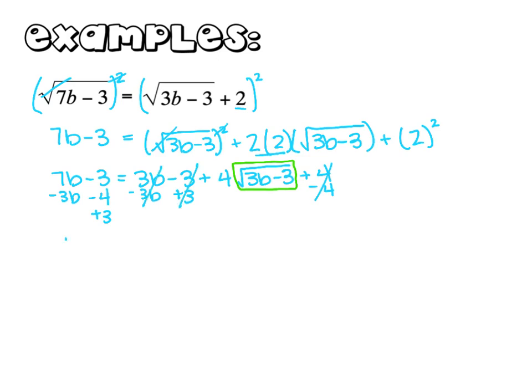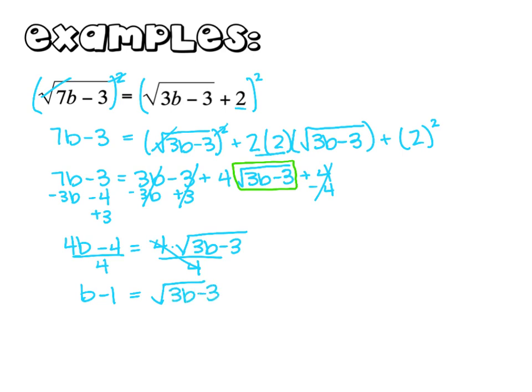That gives me 4b minus 4 equals 4 times the square root of 3b minus 3. Then I would still need to divide by 4. So that's really b minus 1 equals the square root of 3b minus 3.